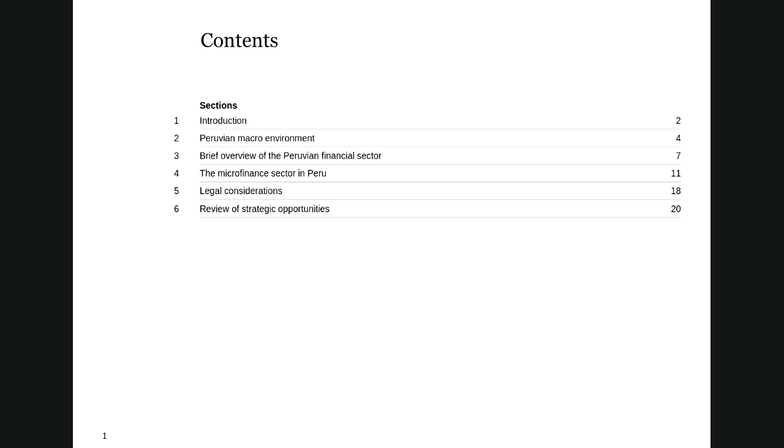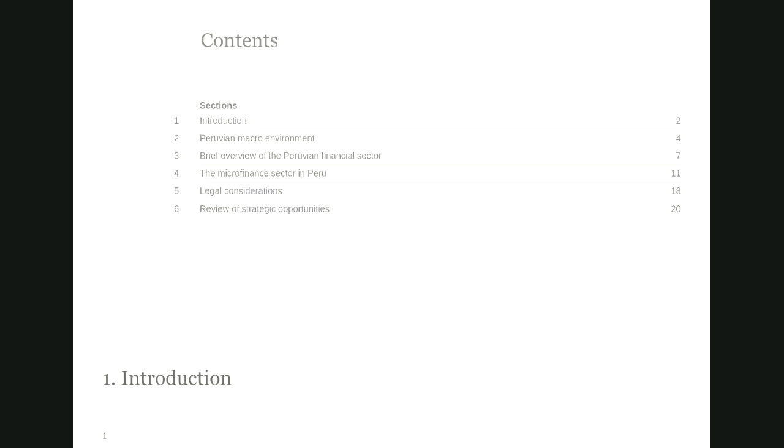Okay, a discussion of the Peruvian economy, a discussion of the Peruvian financial sector, a review of the microfinance sector, and then some legal considerations, and then some opportunities specifically targeted to the client to which we were doing the presentation, okay? Okay, so a brief introduction.